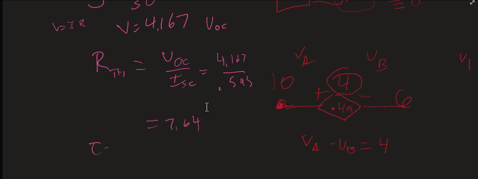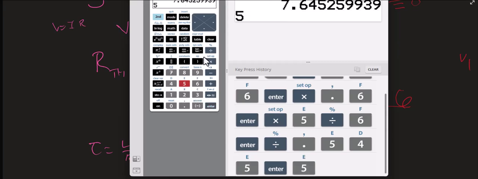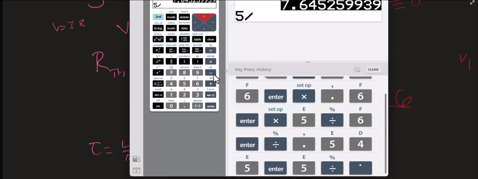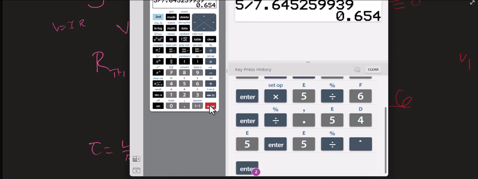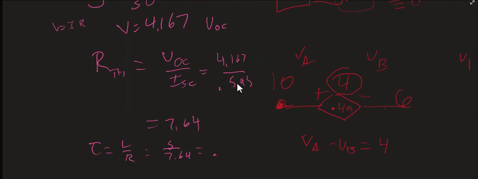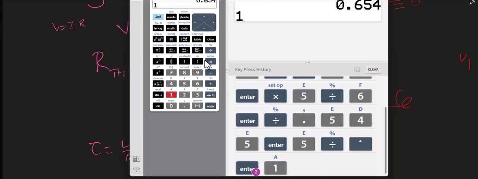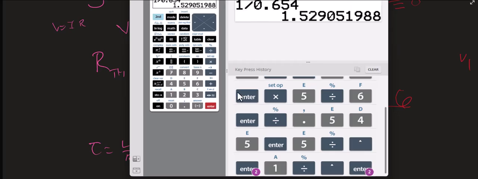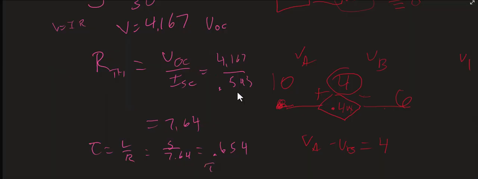And tau is L over R. L was 5 over 7.64, which is 0.654, and then 1 over tau is 1.53.